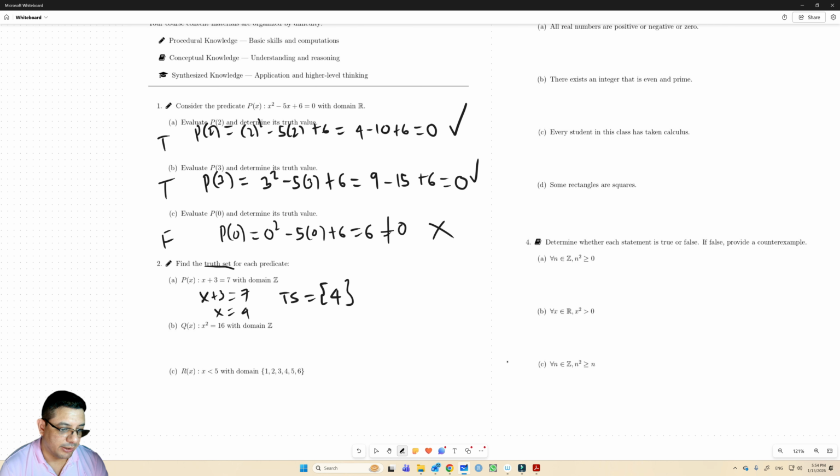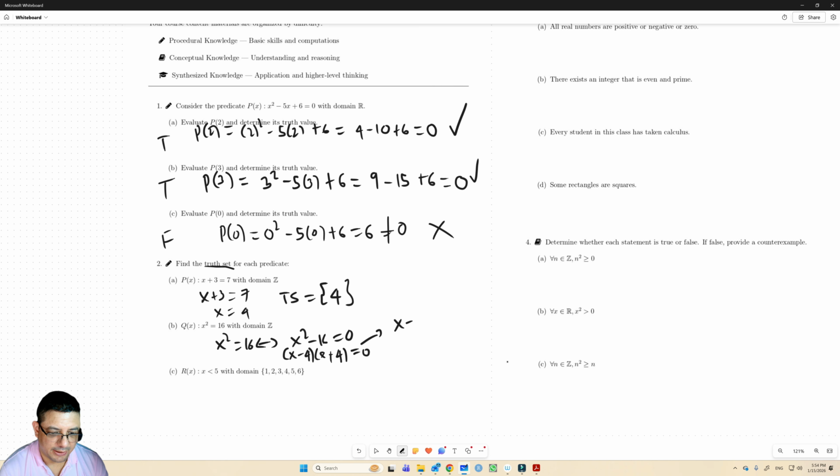Now, x squared equals 16 with domain integers. We do the same thing. x squared equals 16. This is equivalent to x squared minus 16 equals 0, which is (x minus 4) times (x plus 4) equals 0.